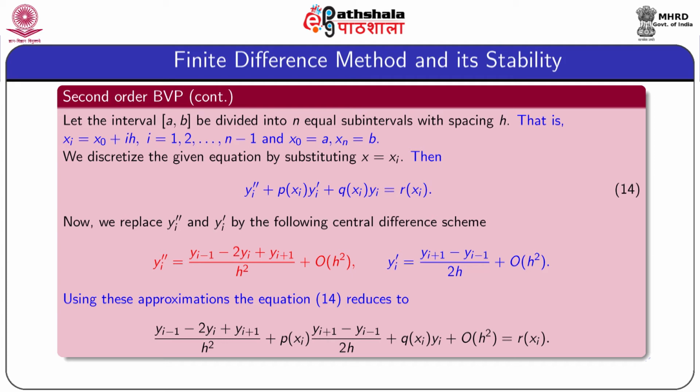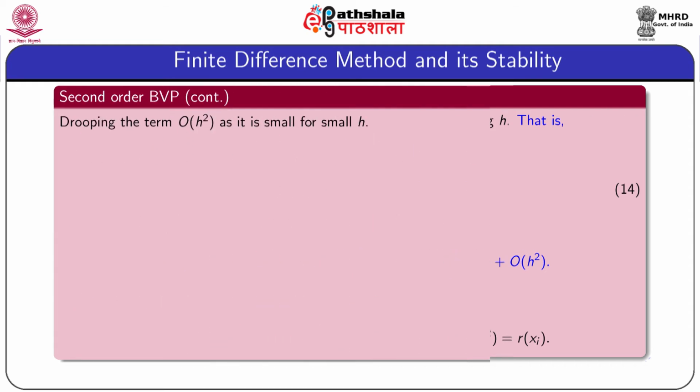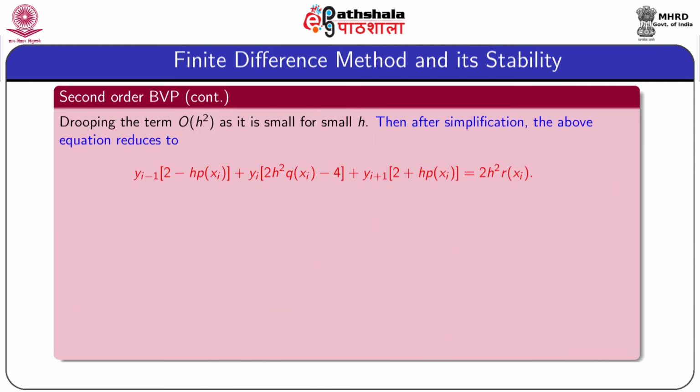Now we neglect the term order of h square, we obtain this equation. This is the simplified form of the previous equation. Here also note that there are three unknown quantities of y. These are y_{i-1}, y_i and y_{i+1}, and all other terms of this equation are known quantities.